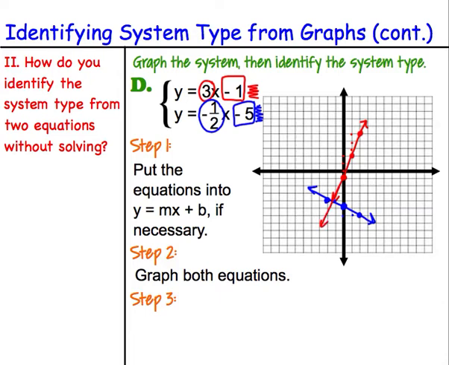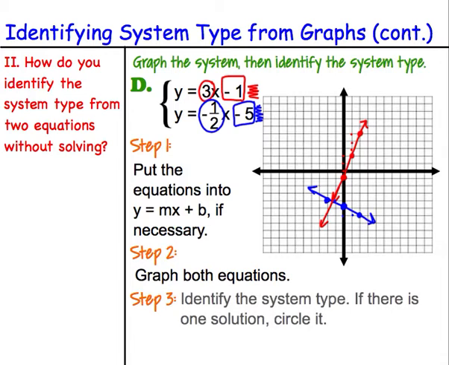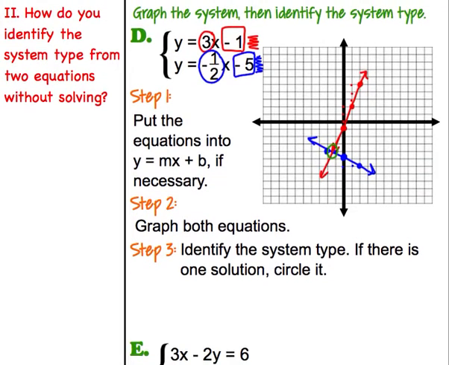And I see, when I look at this, I'm going to now do step 3, which is to identify the system type, and if there is a solution, circle it. So I see here that they cross right here. I'm not worried about what that point is right now. I just know that they cross, which tells me that my solution is consistent and independent.